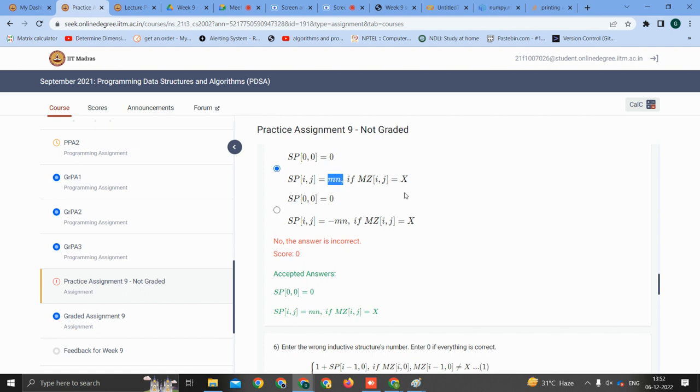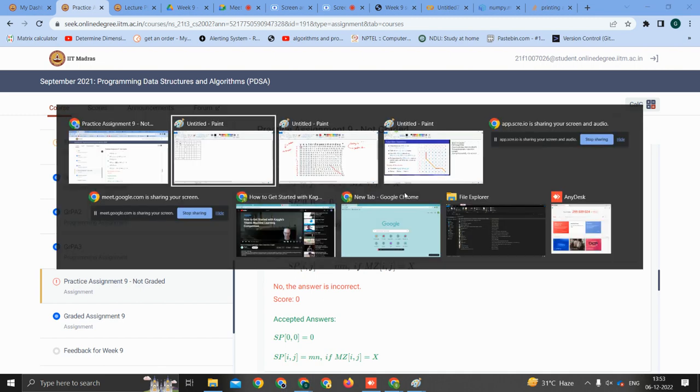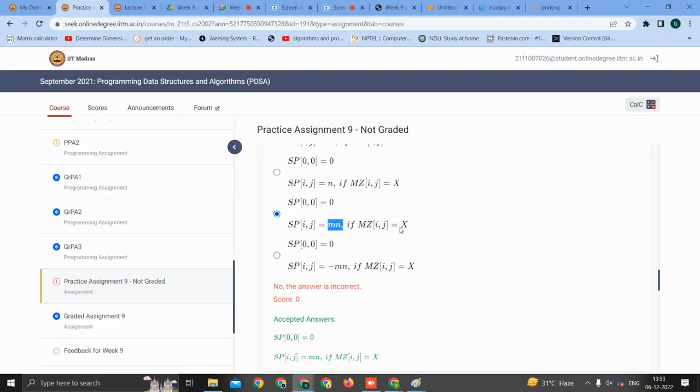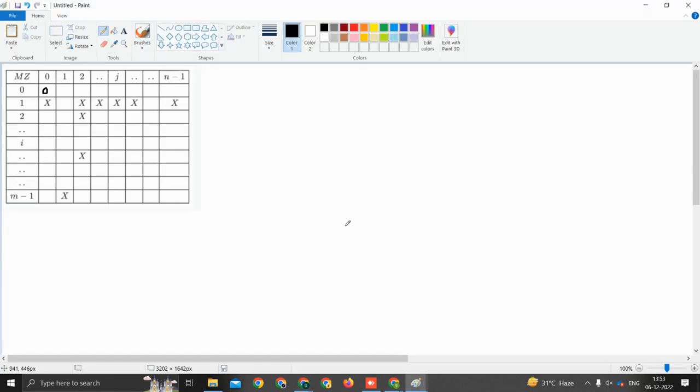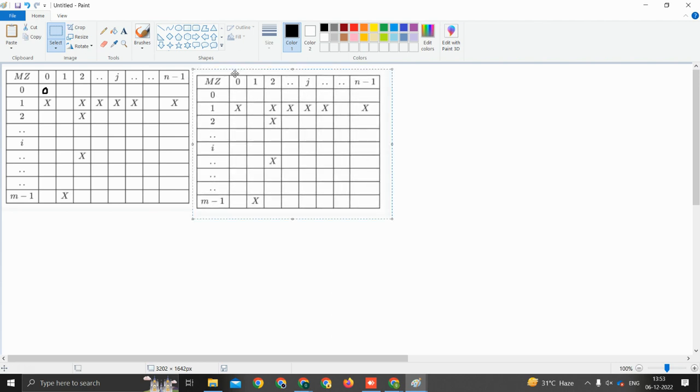Why is it m n? Because the point is, if there is an x, you put it as m n. You'll have a similar matrix like this. I'll paste the same.